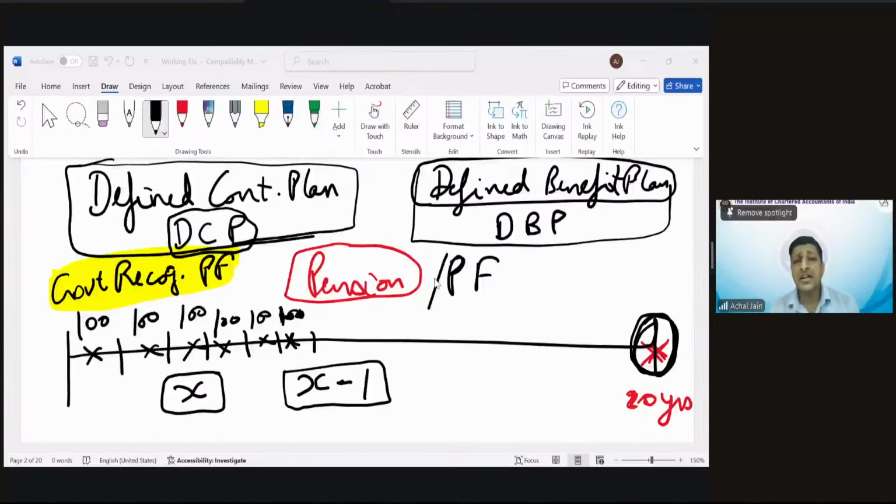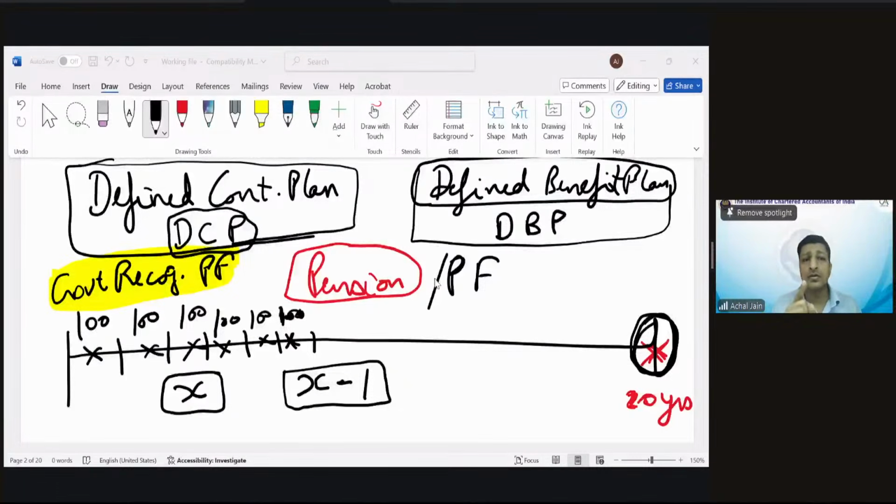So in the given case, each year, what is the liability of the employer? To contribute to the government recognized provident fund. Once that is done, the liability of the employer is over. Later on, if the fund doesn't have the adequate balance, will that liability fall on the employer?